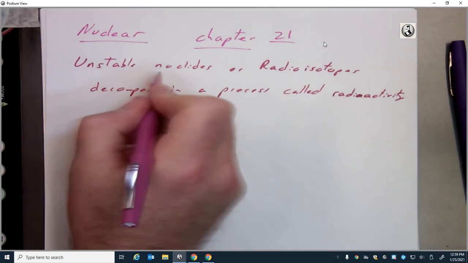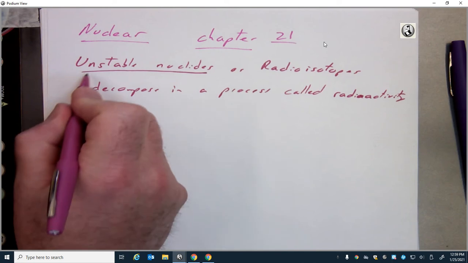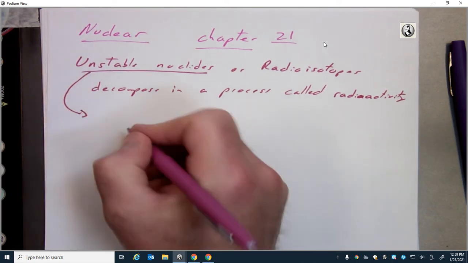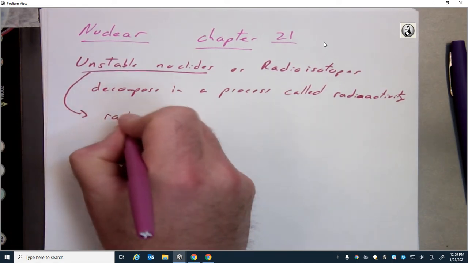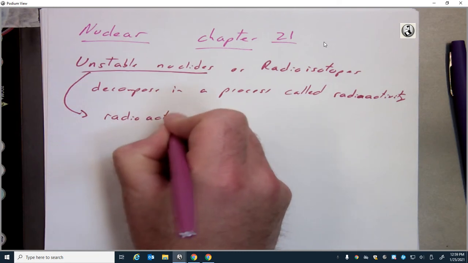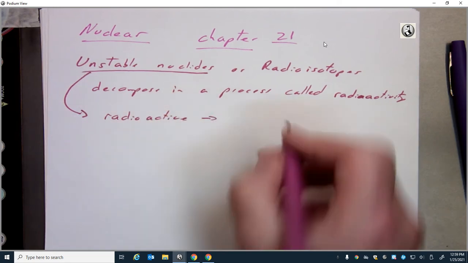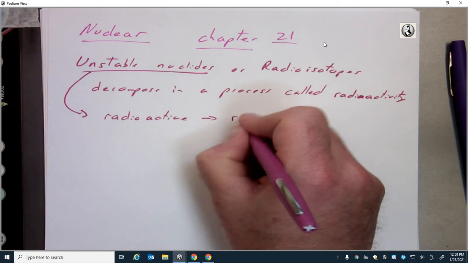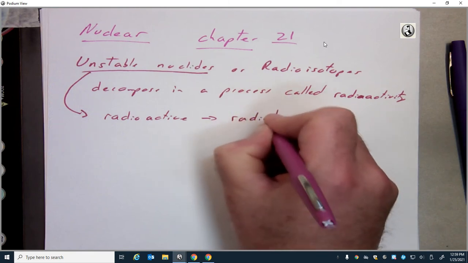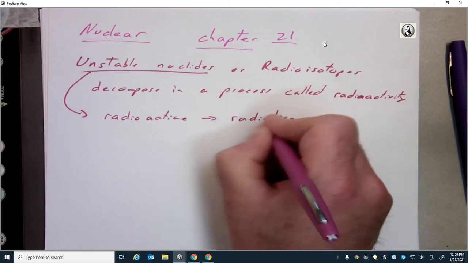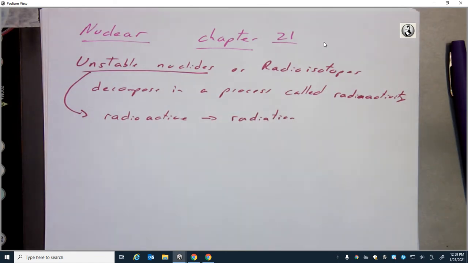So basically, if we have this unstable nucleus, we say that it is radioactive, which means it's going to give off a type of radiation. And this is what we're going to be talking about today.